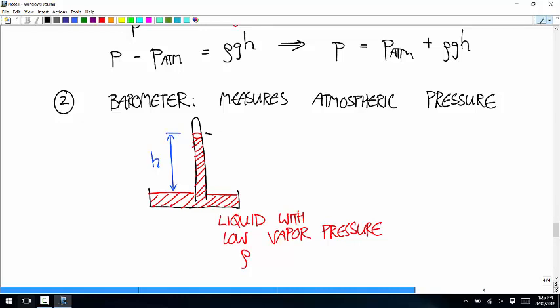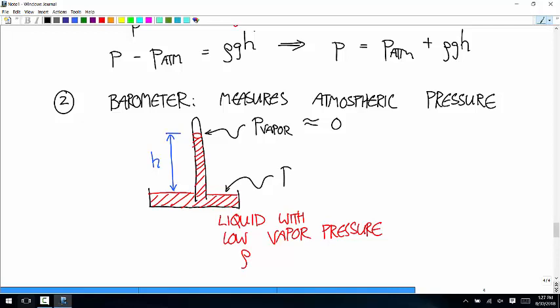If you didn't want to use mercury or something with a low vapor pressure, you could look up the vapor pressure, and the pressure up here would just be that vapor pressure. But it's easier if you can just treat it as 0. So I'll write this as P vapor, we'll call it about equal to 0. And then this is just a dish, so what's the pressure on the liquid at this surface?